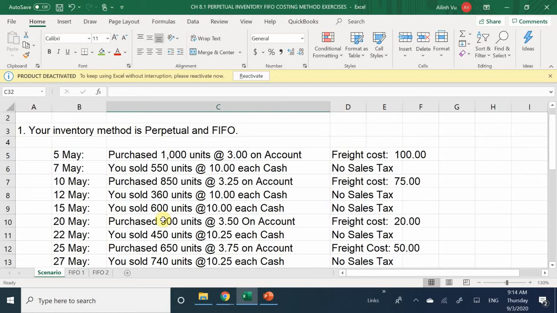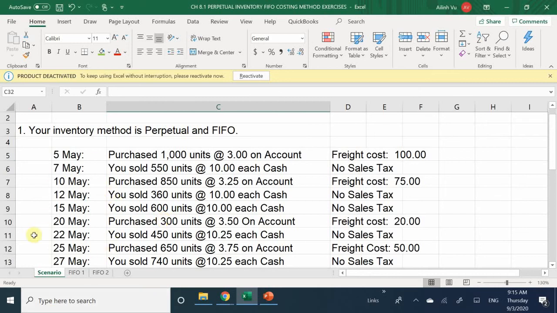So in this case, for scenario number 1, we're just going to journalize the purchase. But when we journalize our sales, we have to have 2 entries, right? We have to record the actual sales with the selling price, and then we have to record how much it costs us to sell those items. So again, in 2 weeks from now, hopefully Monday, we'll go ahead and look into that. Okay.